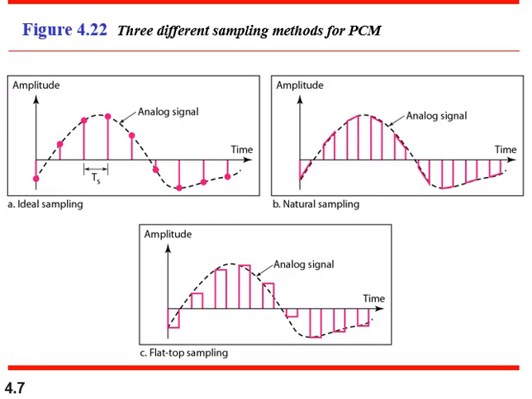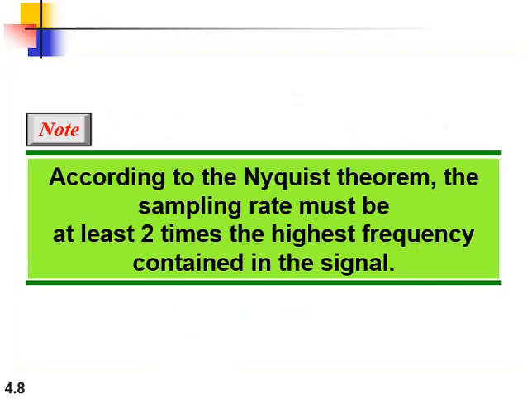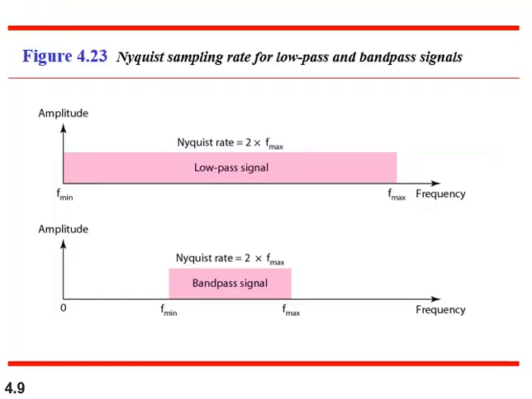Now, if you remember the Nyquist theorem that we discussed in the previous sections of this module, just to recall, according to the Nyquist theorem, the sampling rate must be at least 2 times the highest frequency contained in the signal. Just before the example, if you see this Nyquist sampling rate, they have given it for low pass and band pass signals.